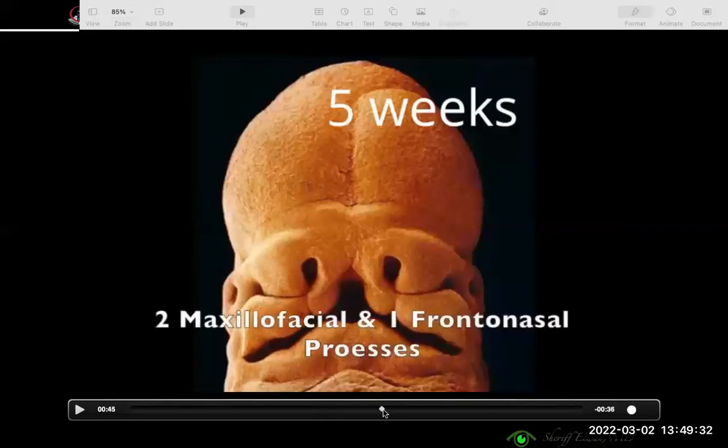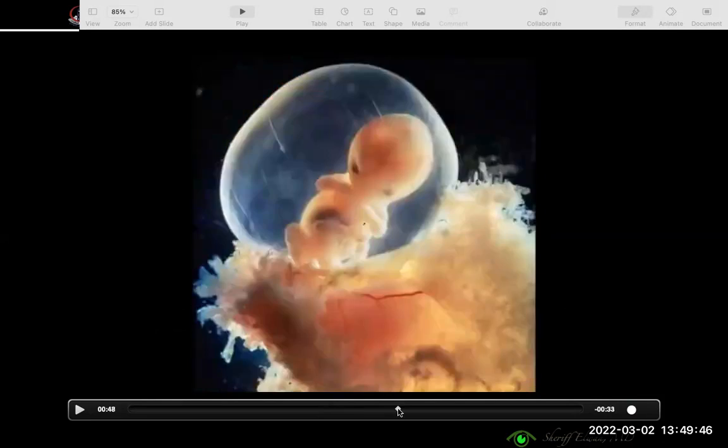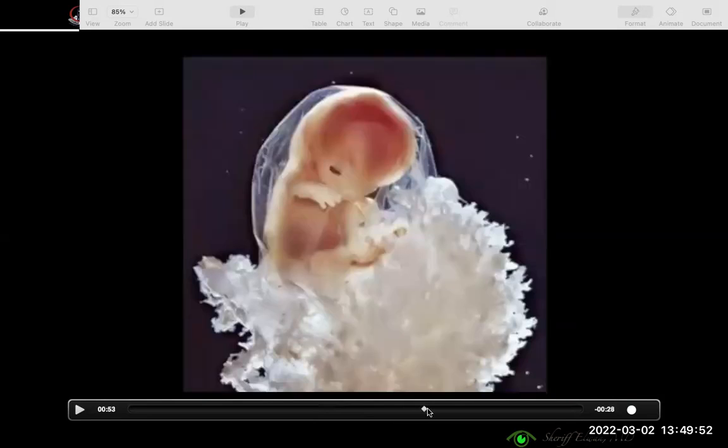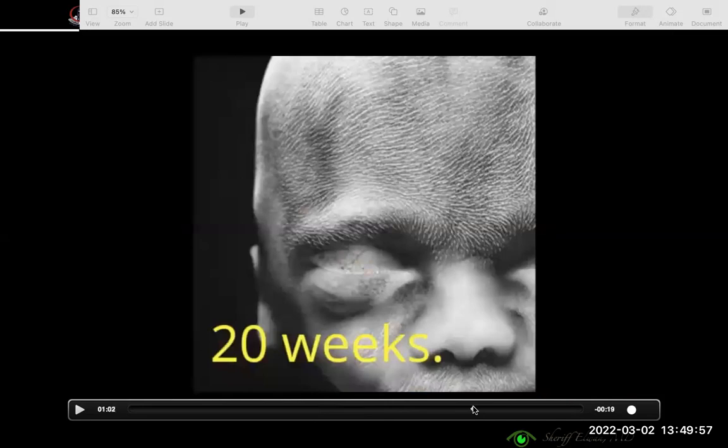At 5 weeks, the frontonasal process and the maxillary processes, the two of them, development of the face. This is an actual photograph of an embryo. At 10 weeks, the lids are semi-shut. They will close completely in a few weeks. As we described, this is important to understand diseases of the lids.